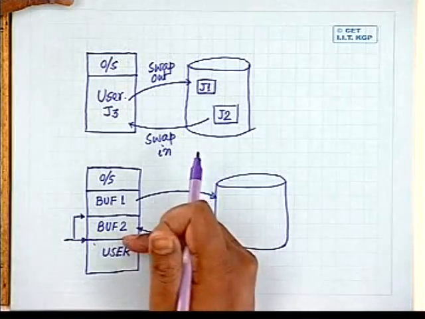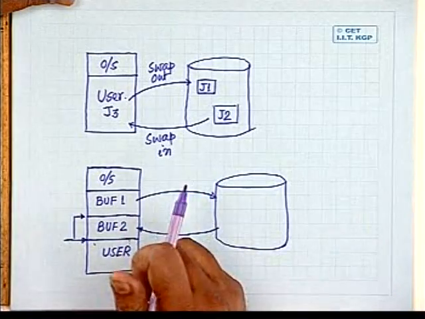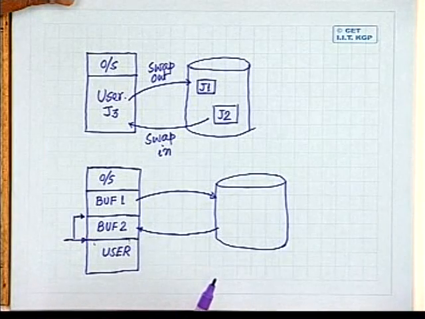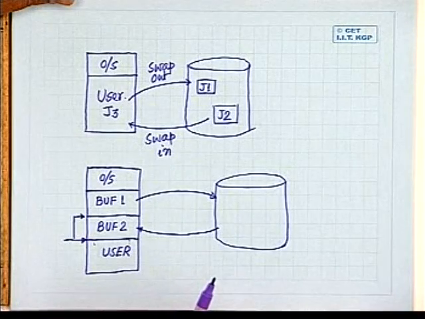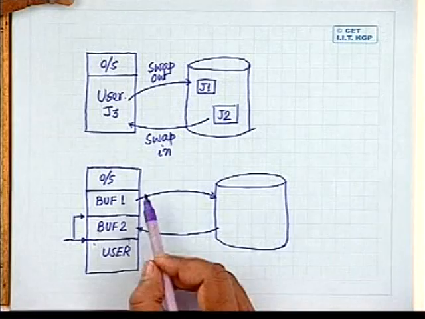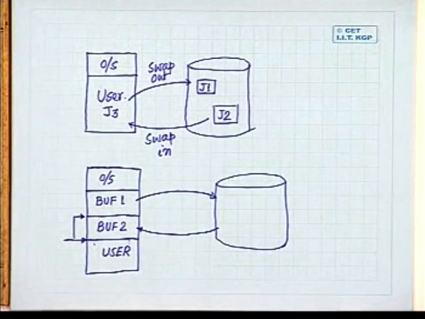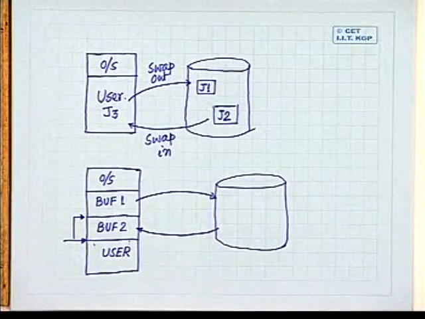So I don't need a block to block transfer from buffer area 2 to user area, which again saves a lot of time. Okay. So by now you have got a trend that if I have more and more number of partitions, then obviously I am going to have a more and more efficient memory management technique.